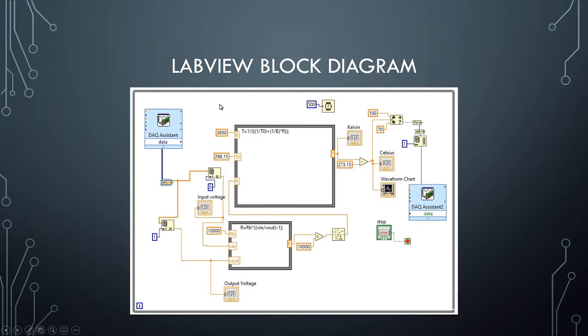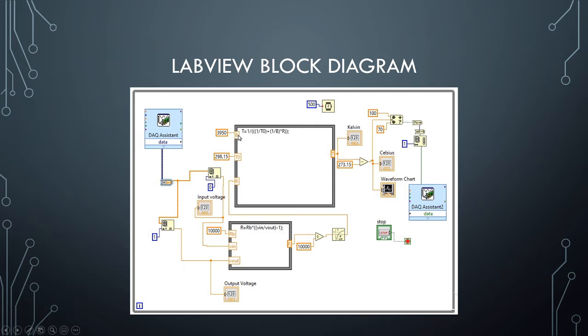Okay, now because I didn't have all of the same variables as the equation called for, like I didn't have A, B, C, D, they weren't on the data sheet for the thermistor.